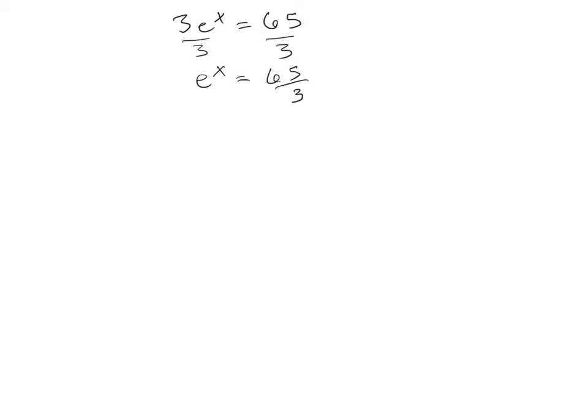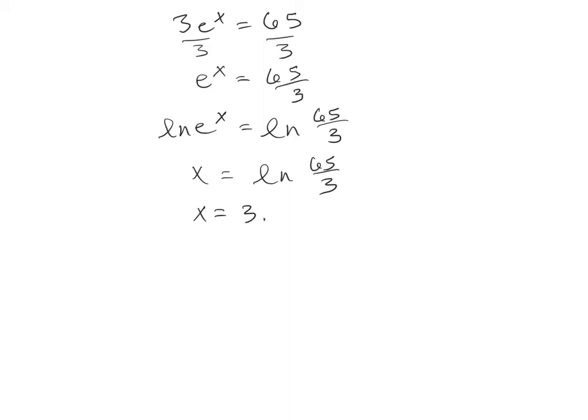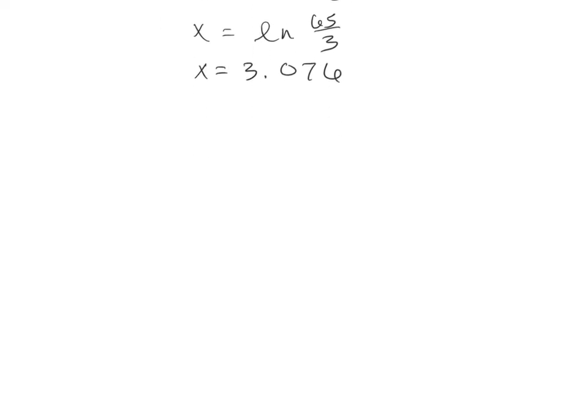I'm going to take the natural log of both sides, so the natural log of e to the x equals the natural log of 65 over 3. x then must equal the natural log of 65 over 3. You can punch that into your calculator, and x then must equal 3.076 rounded.